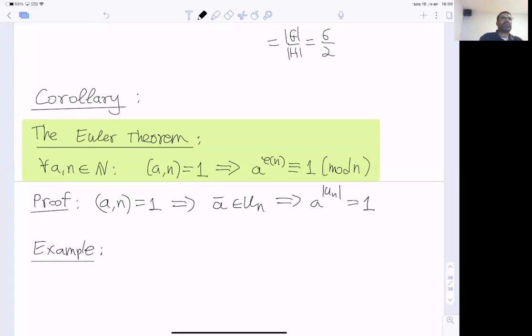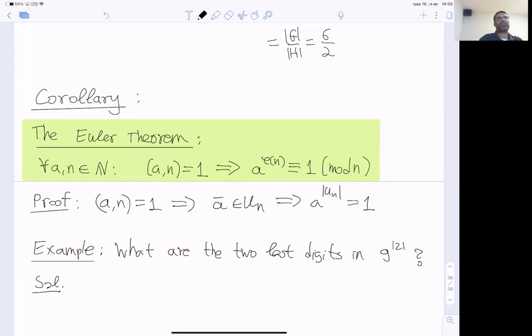Okay, example. What are the 2 last digits in 9 to the power of 121? Of course, it's a great number. Okay.